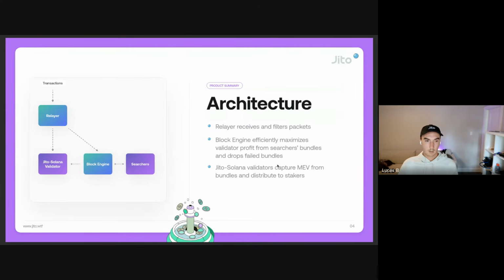So this is super high level: what is Jito-Solana and how does the system work? Essentially, there's the Jito-Solana validator, which is the main piece here. When you start up the Jito-Solana validator, you tell it a relayer to connect to, so you provide a URL.